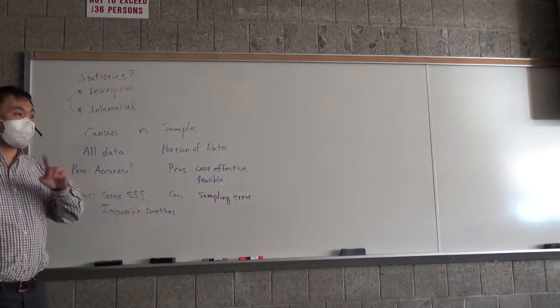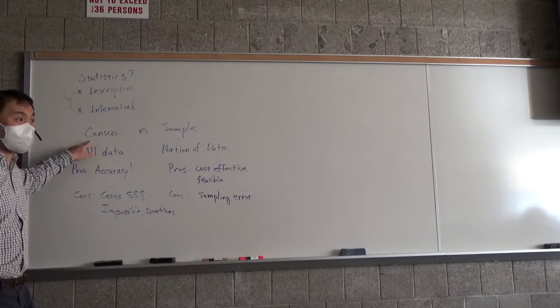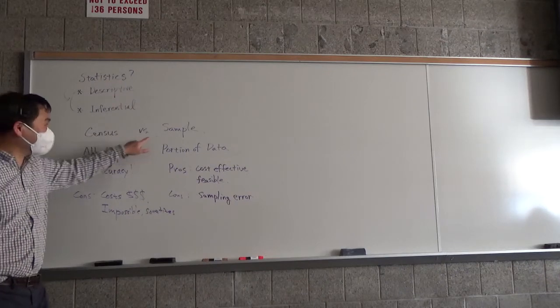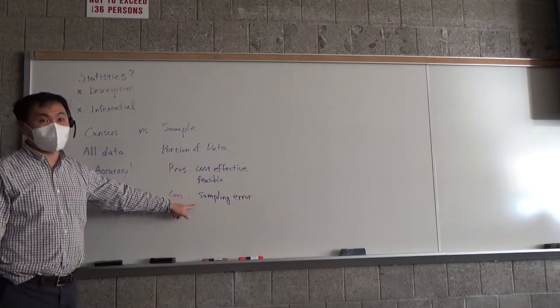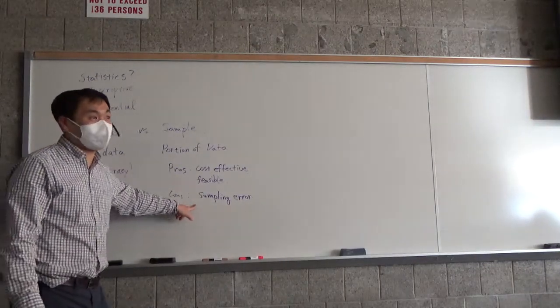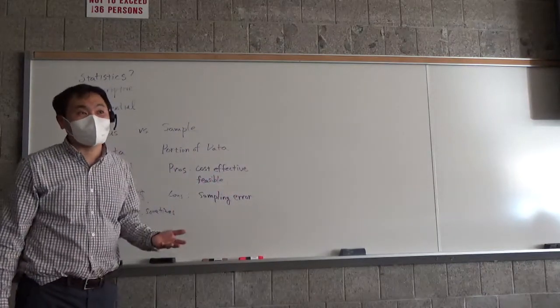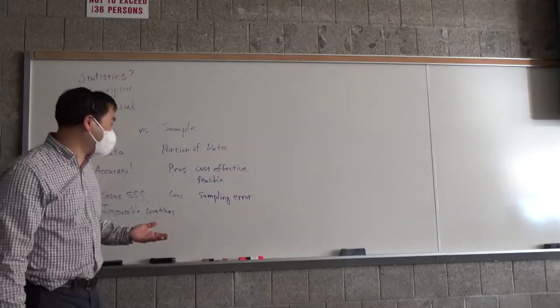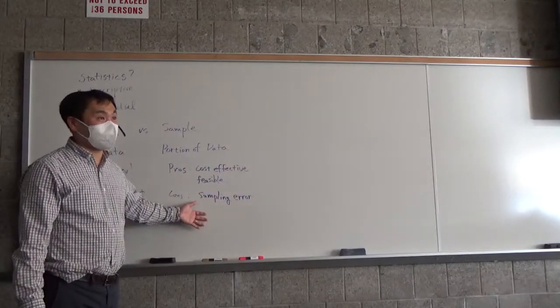If you use census, then you can get the exact number of people that's smoking. Here, you can't. You can only, let's say you sampled 1,000 people and you found out that maybe 100 people smoked, then you multiply by that. That's like 10%. So you multiply 10% by the entire U.S. population, and you get some estimated value for it, right? So you end up with some kind of sampling error.